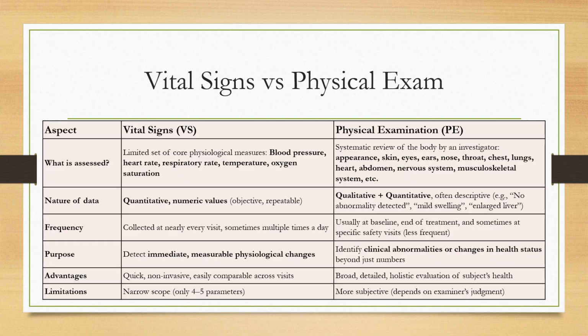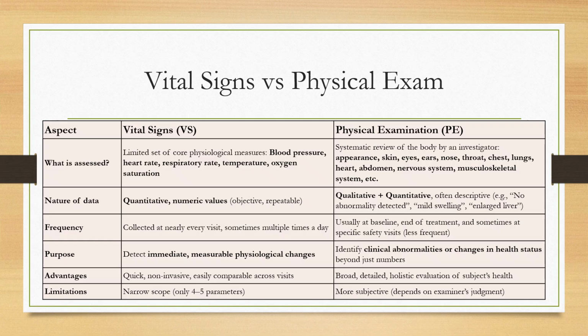However, the physical examination is like a full service check done by a doctor. Here the physician looks at you more broadly, checking your skin, ears, chest, lungs, heart, abdomen, and even your nerves and muscles. Instead of just numbers, these involve observations and judgment. For example, the doctor may note things like no swelling, heart sounds normal, or mild rash observed.